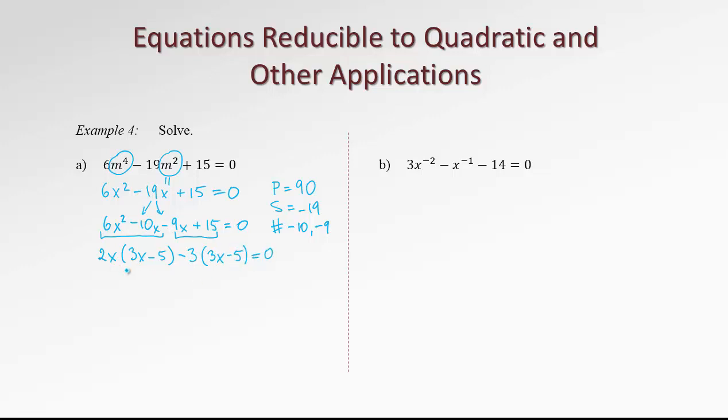Okay, so yes, we can factor. The factored form is 2x minus 3 times 3x minus 5 equals 0.